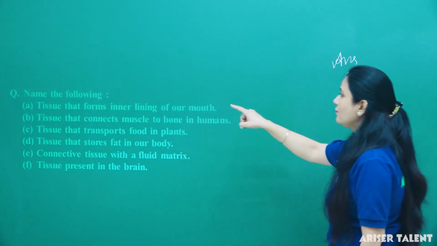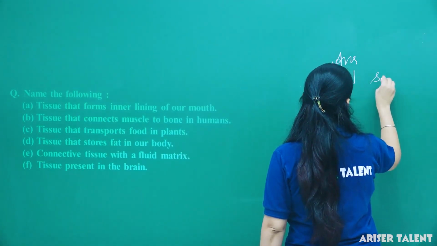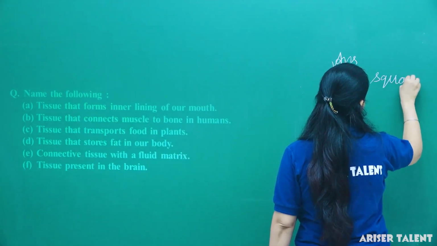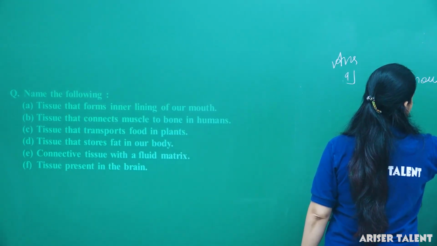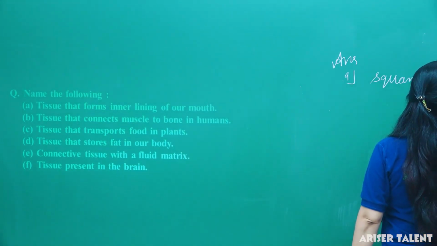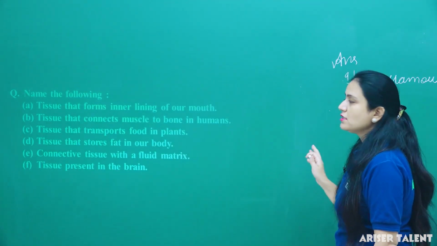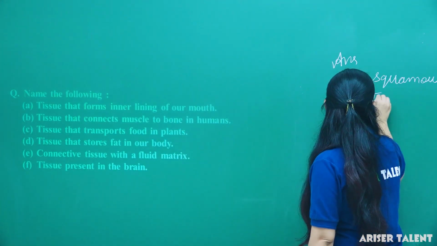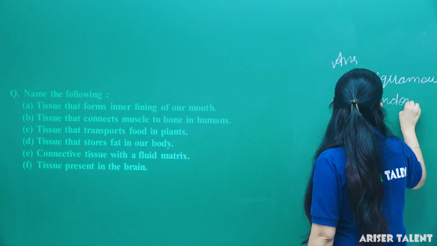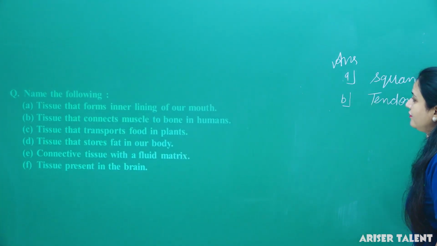A. Tissues that form the inner lining of our mouth are squamous epithelial. B. Tissues that connect muscles to bone in humans are tendons. Generally, tendons are dense connective tissue.